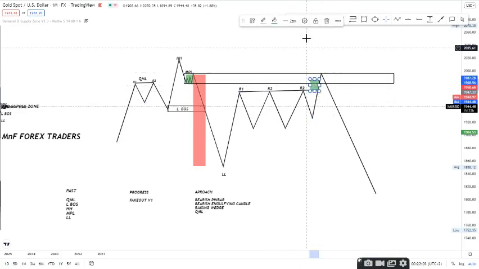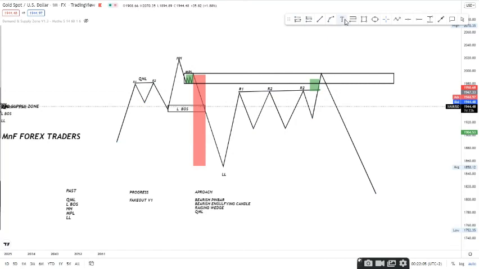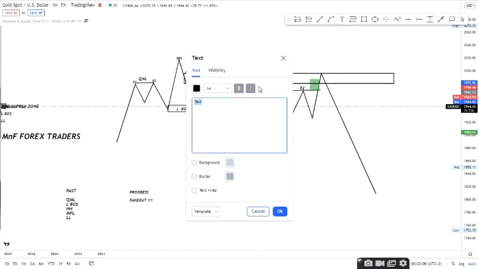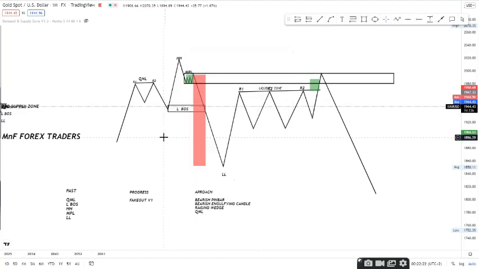Of course, above here we have liquidity. Remember, this is our liquidity zone, and that's where we have to wait for those people to be taken out.